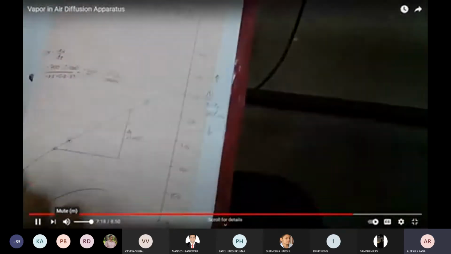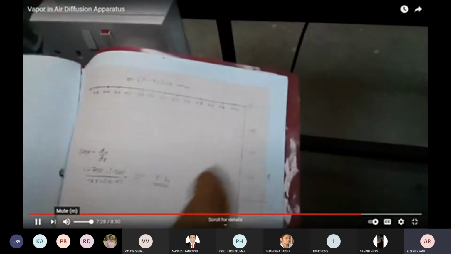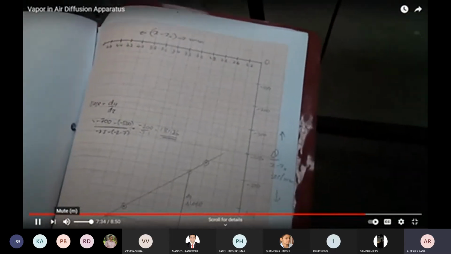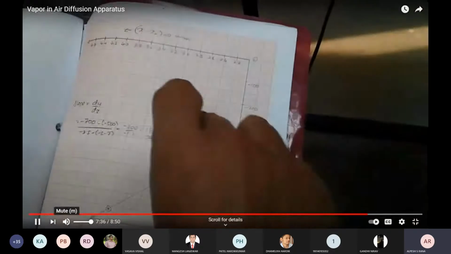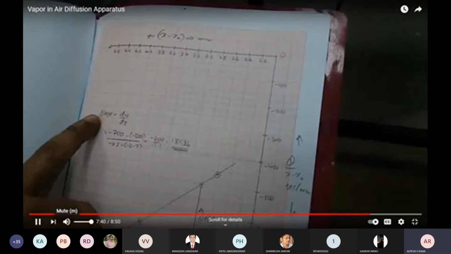Then a best fit straight line connecting all the points is drawn. Then you are required to find the slope of this line, right? Just arbitrarily choose 2 points, get the corresponding x-intercept and y-axis intercept, and find the slope using slope equal to dy by dx, right?